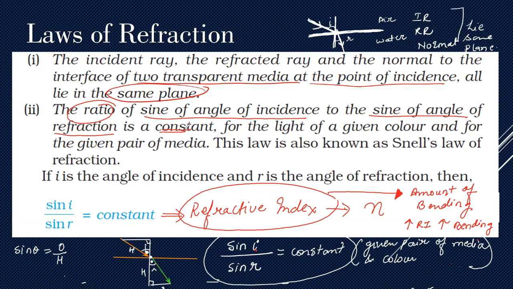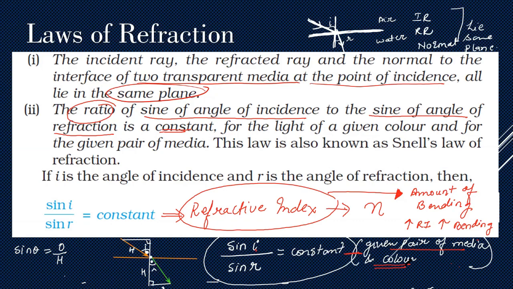When it is constant, you should also tell the point where it is constant. It is always constant for a given pair of media and also for the color of the media. Okay, this constant is called refractive index for that given pair of media. This entire thing is known as Snell's law.